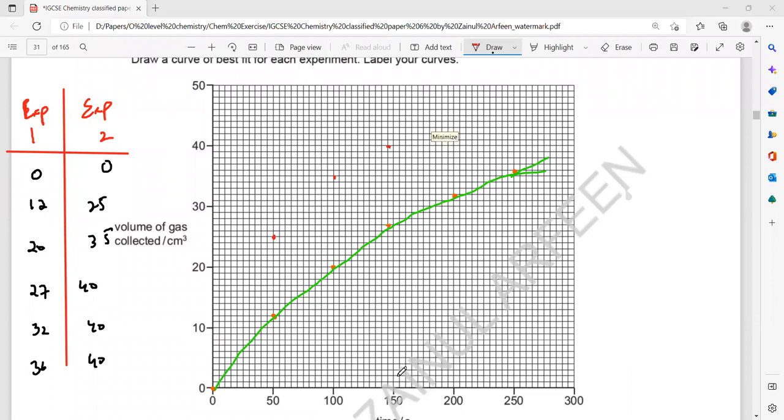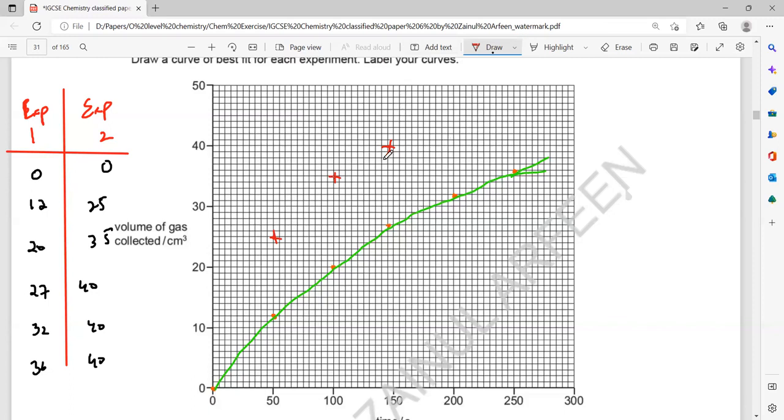Yes, you can mention a key as well. That's fine. You can mention, like, if one you're using a cross, another one you're using a dot, you can mention that as a key. But it's better, because when you mark dots, it's more accurate compared to just putting a cross.